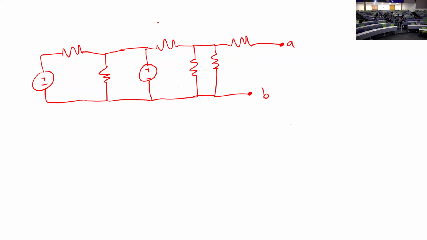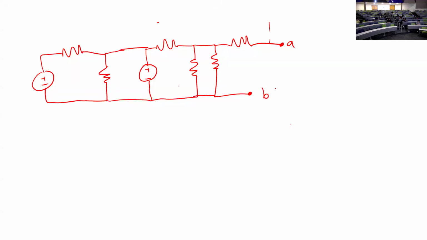Any circuit I draw should be able to be solved in some sort of Thevenin or Norton equivalent. So the Thevenin equivalent is just simplifying a lot.